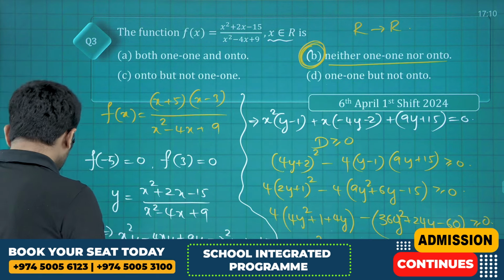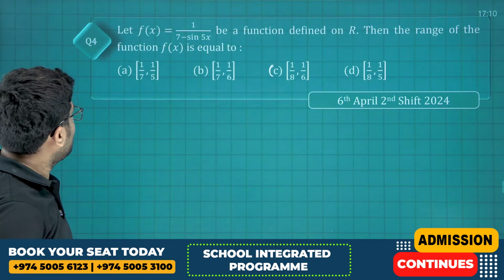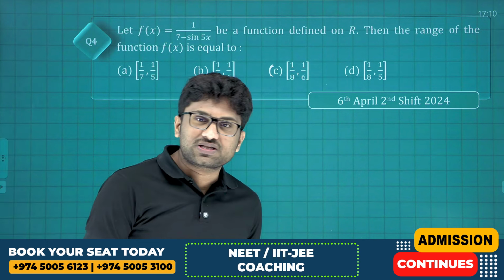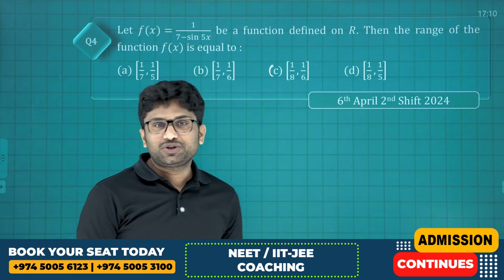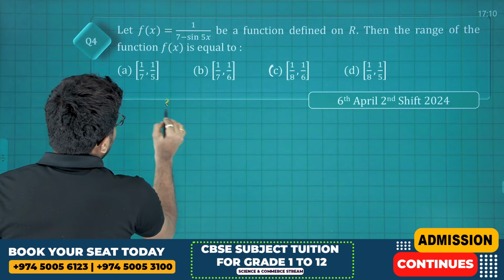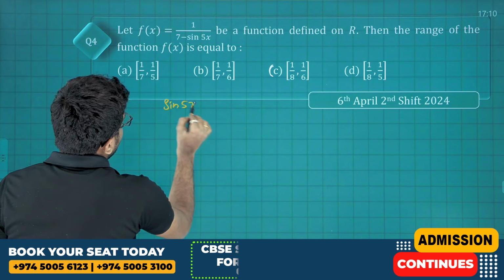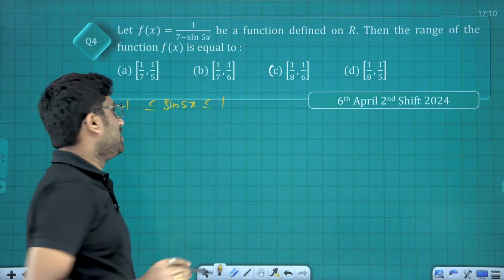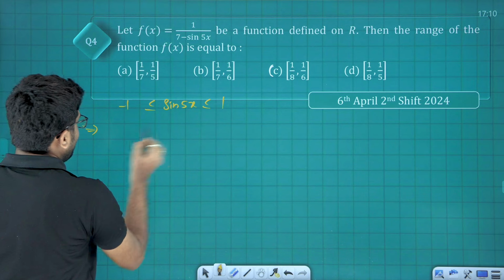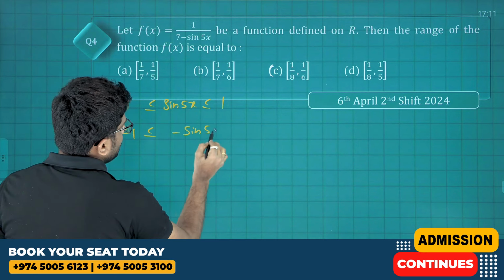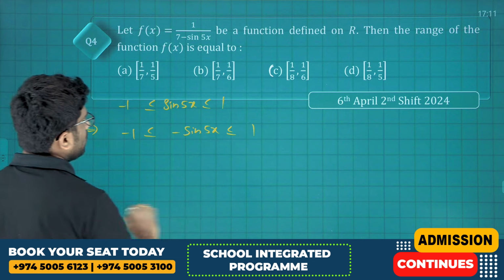Okay, next question. f of x is equal to, one of the easiest questions which was asked in 2024. See, sine 5x always ranges from -1 to +1. Even minus sine 5x, when you multiply with negative, that also will be from -1 to +1.